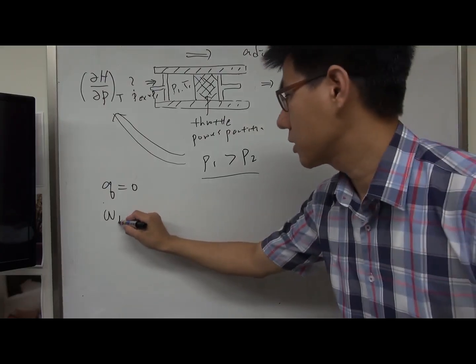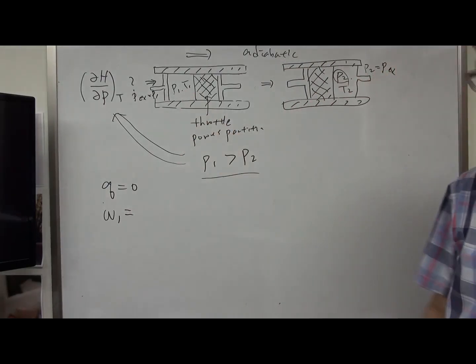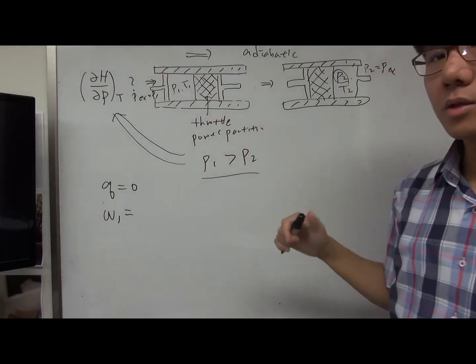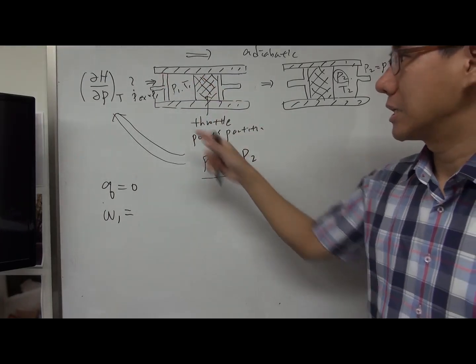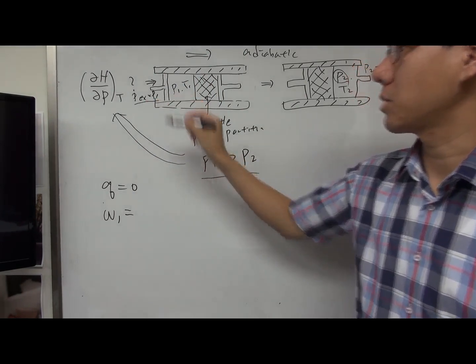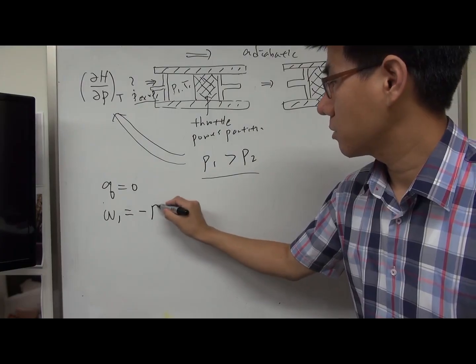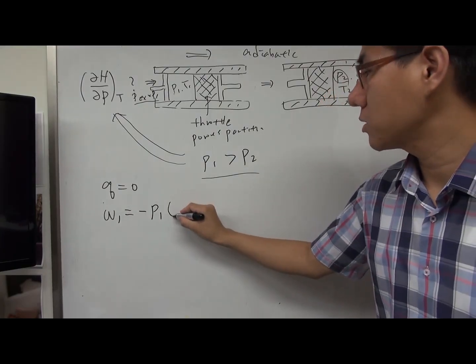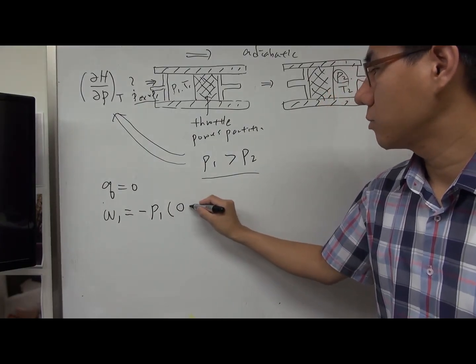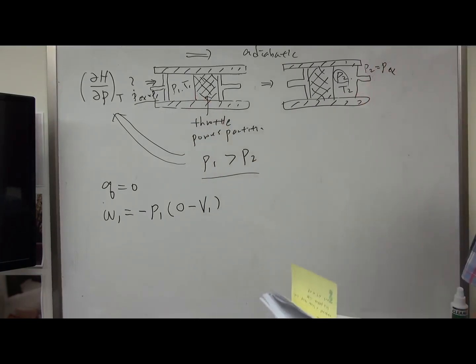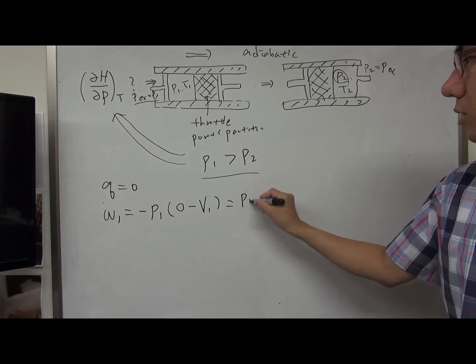First, W1 during this compression. Since this compression is performed slowly enough to maintain mechanical equilibrium, work is minus P1 times (final volume minus initial volume), that is, P1, V1.